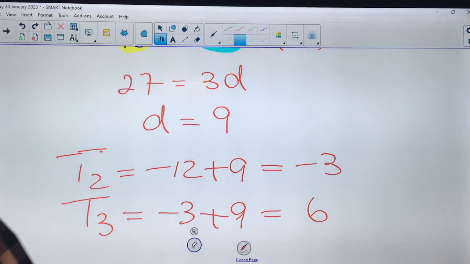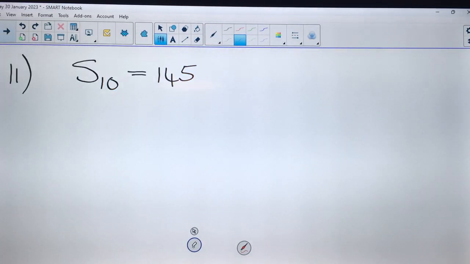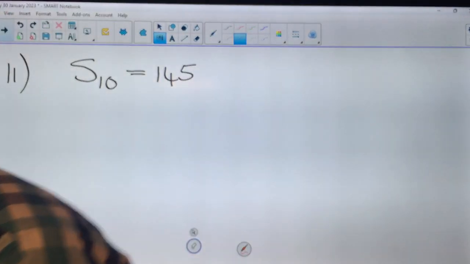It says there the sum of the first 10 terms, so I wrote S10 equals 145. And the sum of the fourth and ninth terms is 5 times the third term.